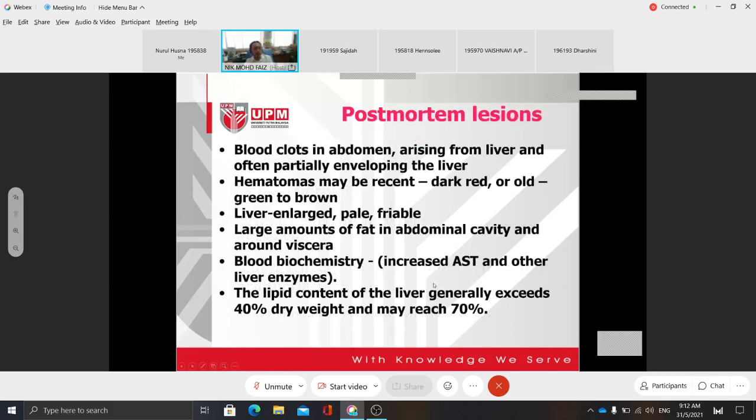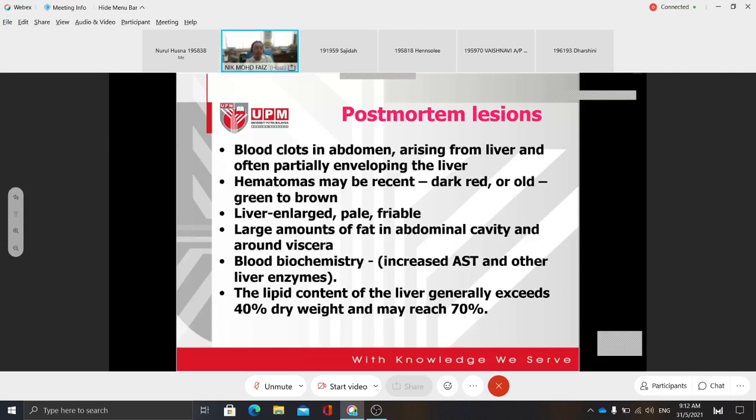For postmortem lesions, one of the typical findings is blood clots in the abdomen and the liver, arising from the liver and often partially enveloping it. Sometimes it covers the whole liver or part of it. Hematomas may be present, recent and dark red, or if older, greenish to brownish in color. The liver usually appears enlarged, pale, and friable.